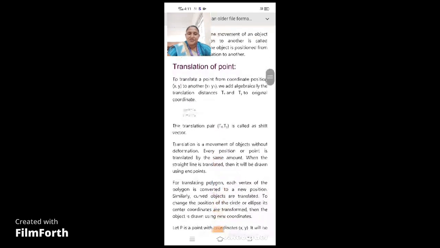So here we will see that the object which is placed at position x, y must change to the position x1, y1. The distance which is going to change is called tx and ty. The object which traveled from x to x1, the distance will be tx, while changing from y to y1, the distance will be ty.